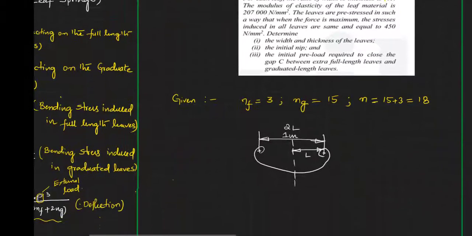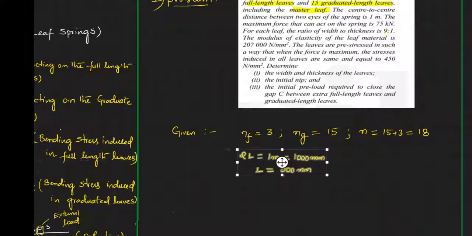So 2L is equal to 1 meter, that can be written as 1000 mm, and that can be further written as L is equal to 500. Why? Because we need only half the length. Since it is symmetric about the vertical axis, we take only half, so that it will be quite easy for me to use the space properly.